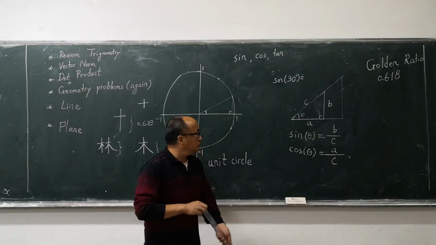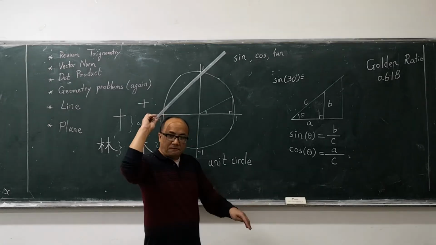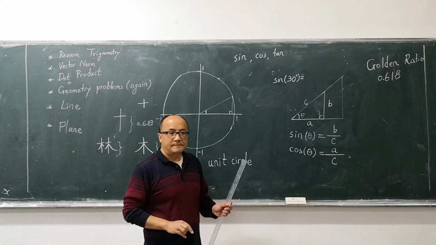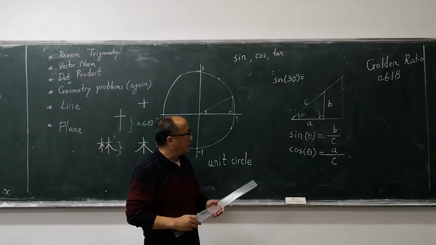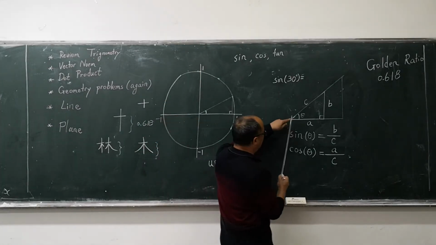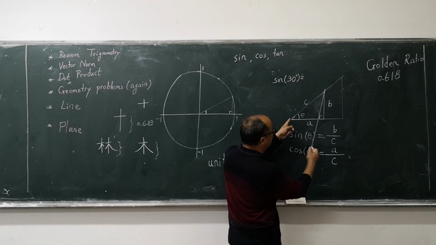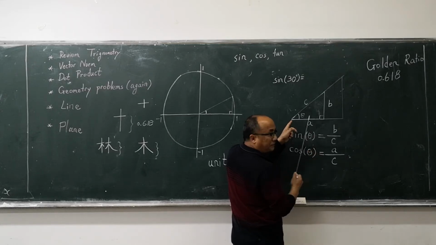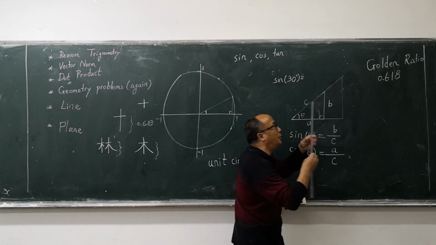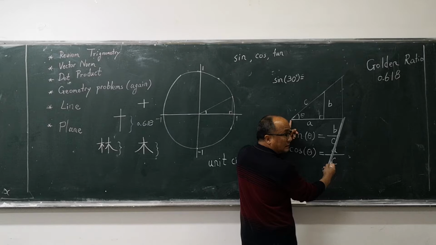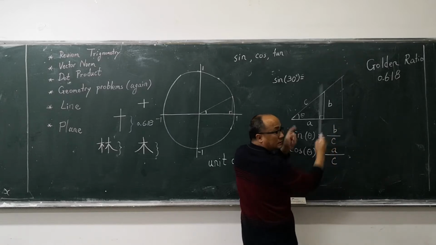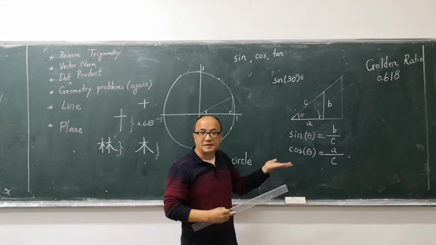It is the floor over the roof. If it is here divided by C, and you move the screen, push further, then this divided by this is the same.